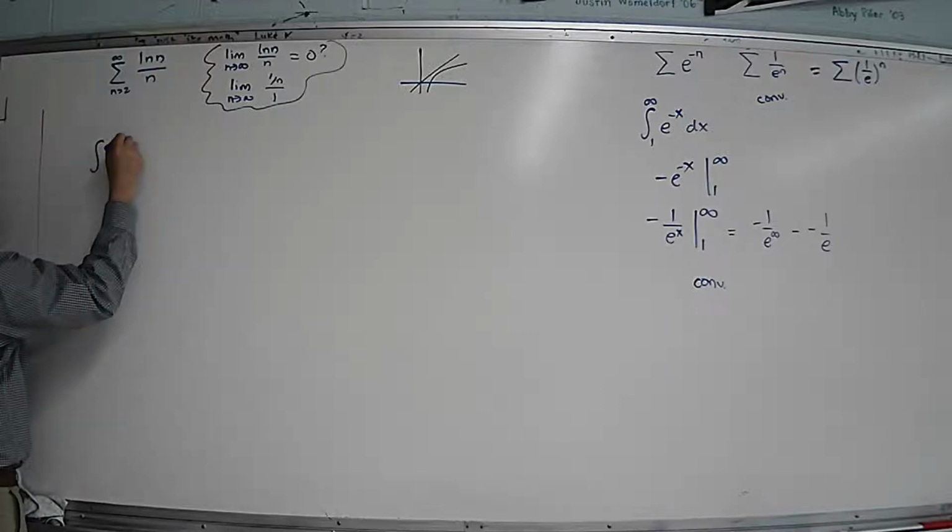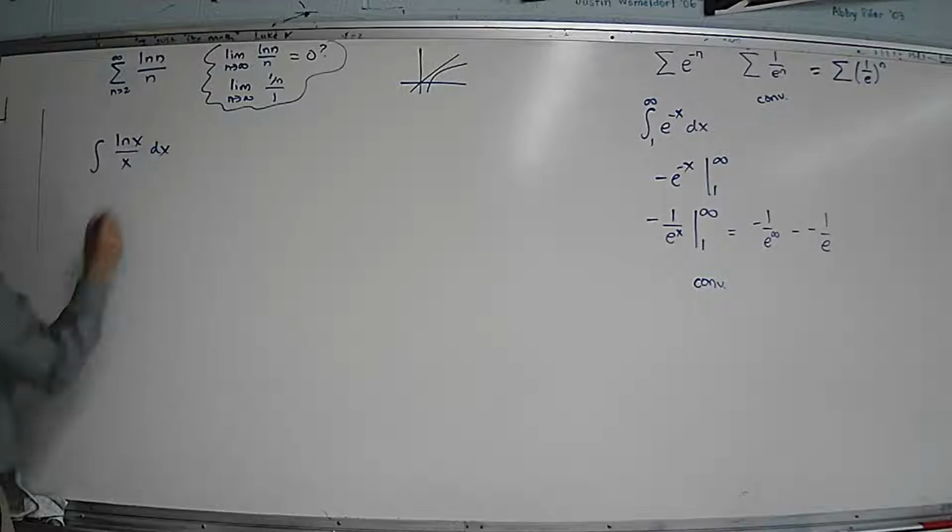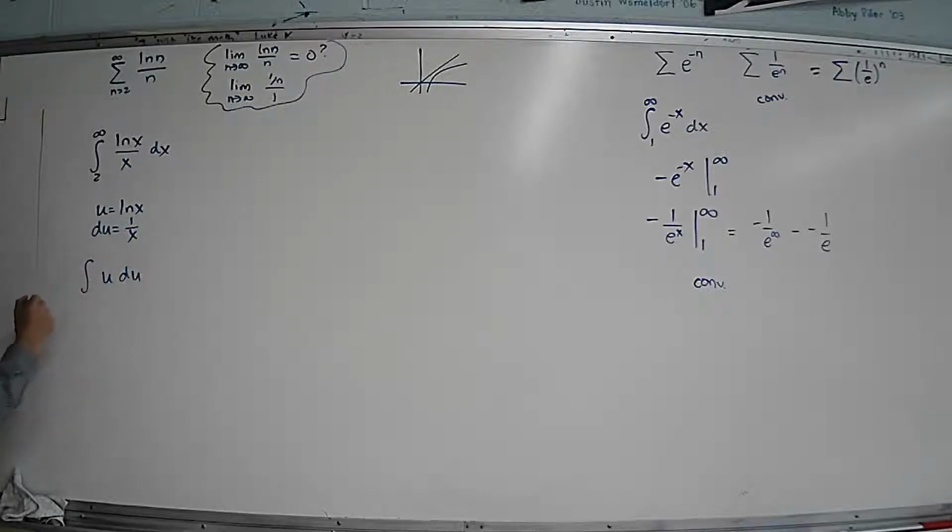But anyway, we said use the integral test, so we're going to do the integral test. So how do you do that integral? So this is u squared over 2, or natural log of x squared over 2, evaluated from 2 to infinity.